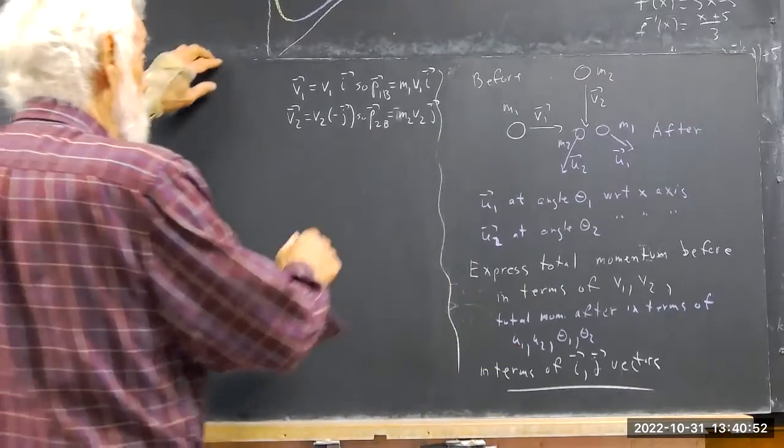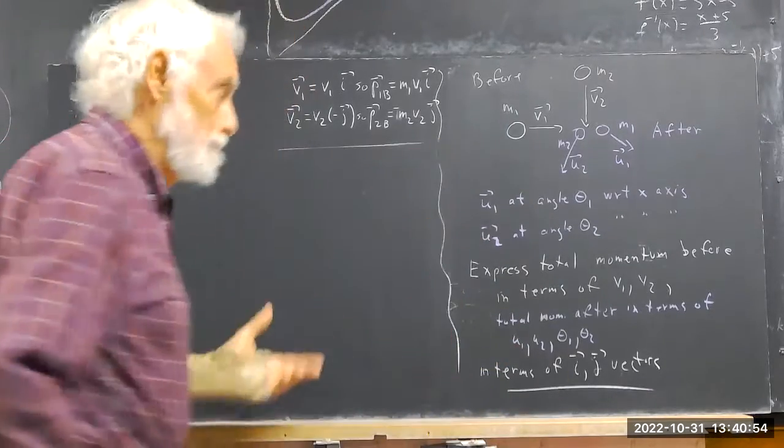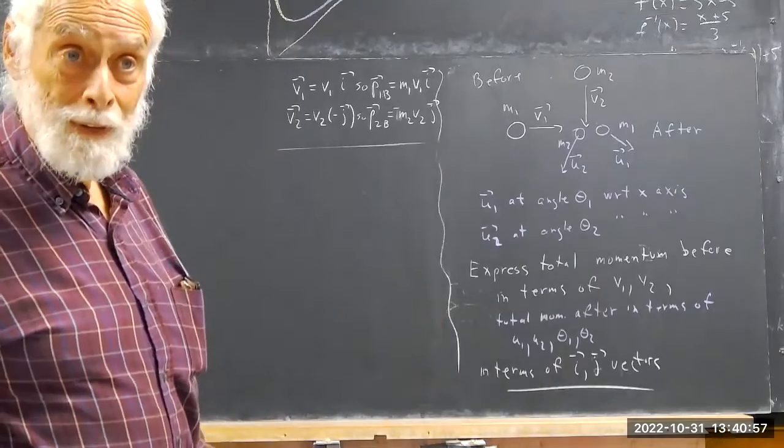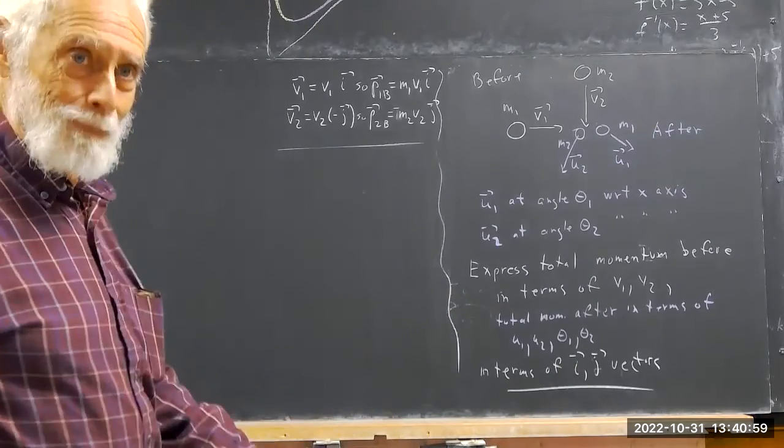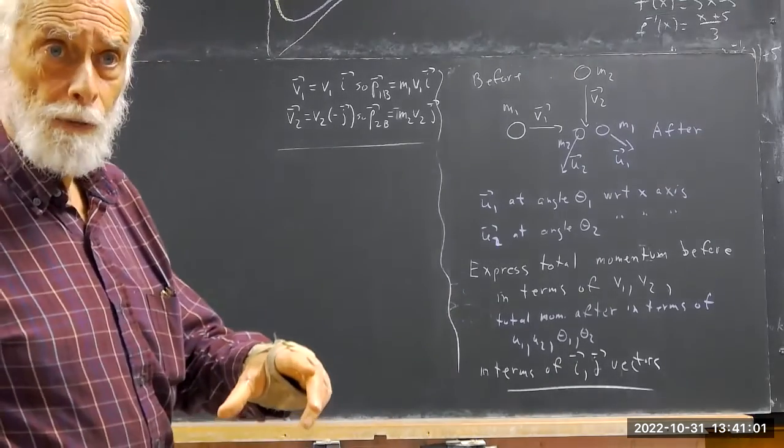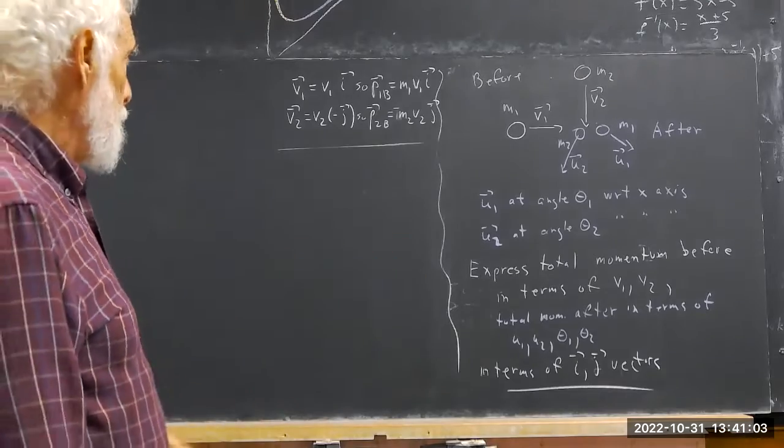Now it's a little less straightforward when you've got an angle. Y'all did pretty well with the angles. Maybe not completely, there are things you have to be careful about, but your trigonometry looks pretty good.